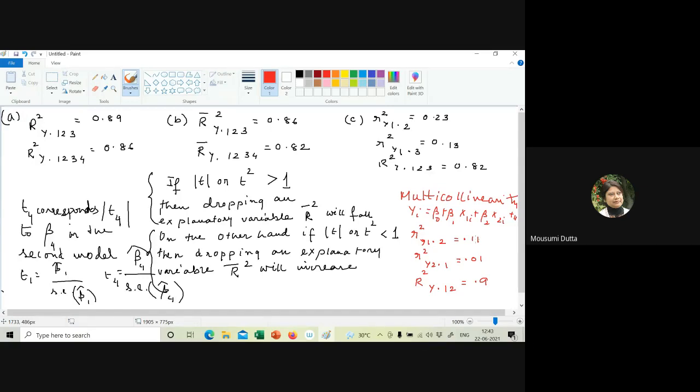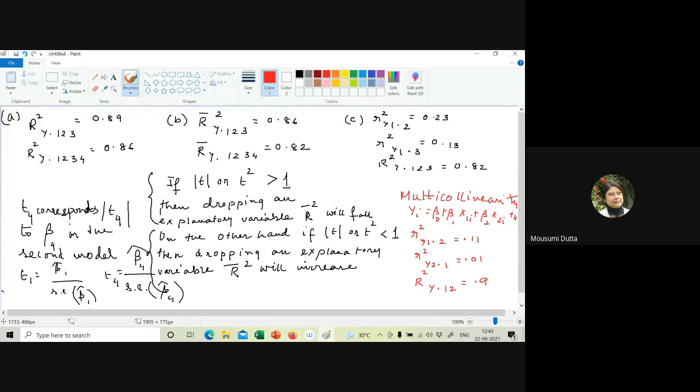Why? Because x1 and x2 are linearly related. So given x2, x1 has nothing new to explain, or given x1, x2 has nothing new to explain. For that matter, all the partial correlations become very, very small.